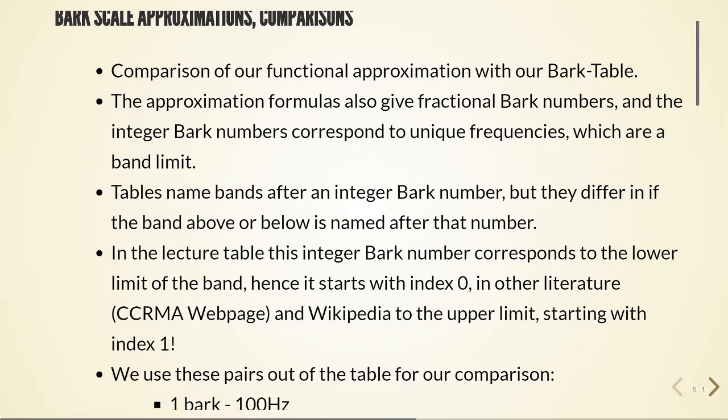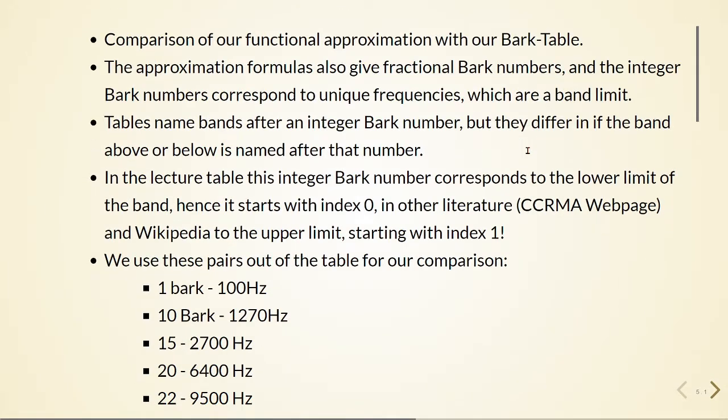So in the lecture table, we've seen this integer Bark number corresponds to the lower limit of the band, hence it starts with index 0. And we find in other literature, for example in the Karma materials and in Wikipedia, it corresponds to the upper limit starting with index 1. So we need to be aware of these differences in literature.